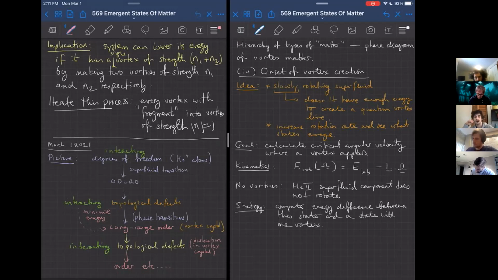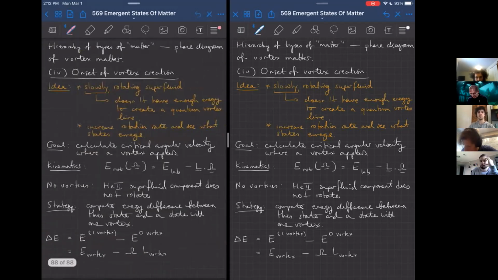We'll call that energy delta E, and that's going to be the energy when I have one vortex minus the energy when I have no vortices. From the formula up here, this is the same thing as the energy of having a vortex, minus omega times the angular momentum of a vortex. And the state with zero vortices contributes nothing to that.